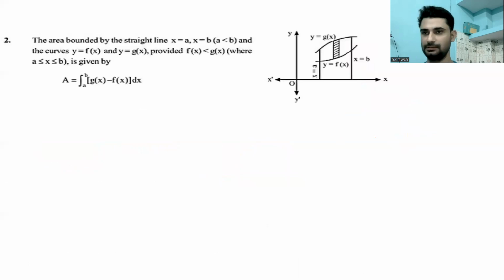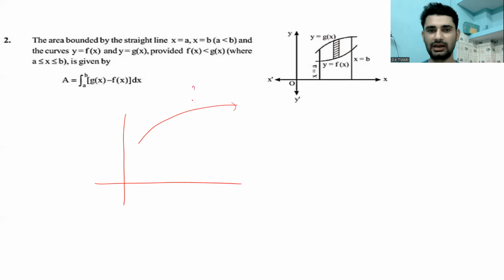The next concept is when there are two graphs involved. Suppose this is graph f(x) and this graph is g(x), and these two graphs are non-intersecting.